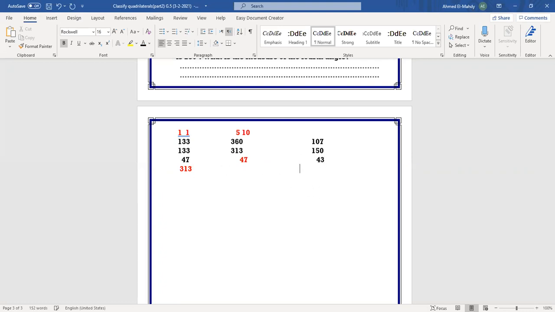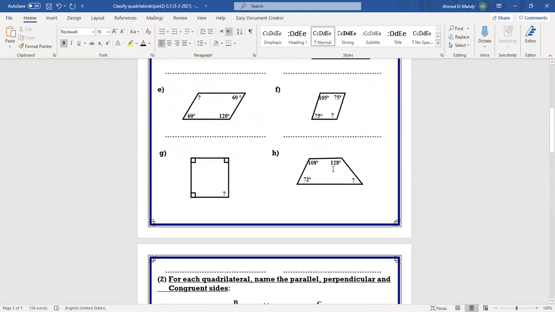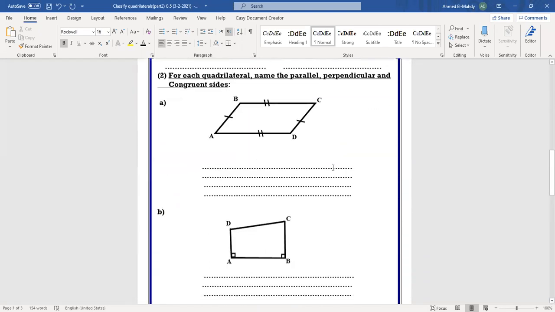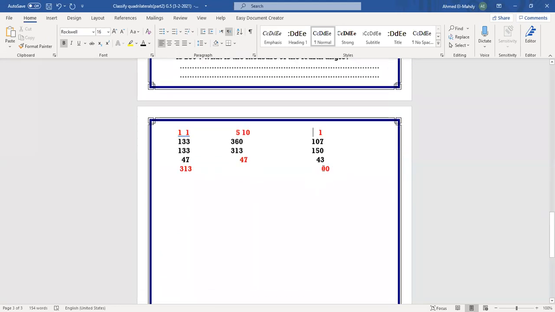7 plus 3, 10. 0, carry up 1. 1 plus 0 equals 1, plus 5, 6. 6 plus 4, 10. 0 and carry up 1. 1 plus 1, 2. 2 plus 1, 3. 300.